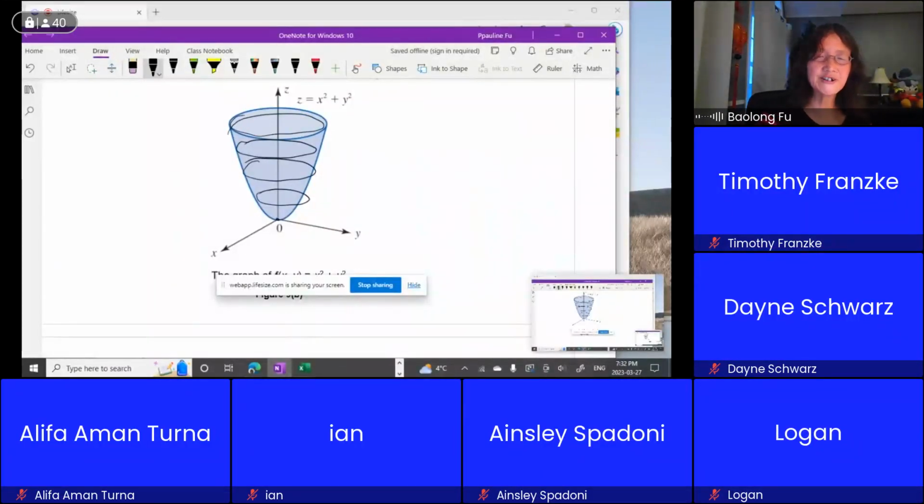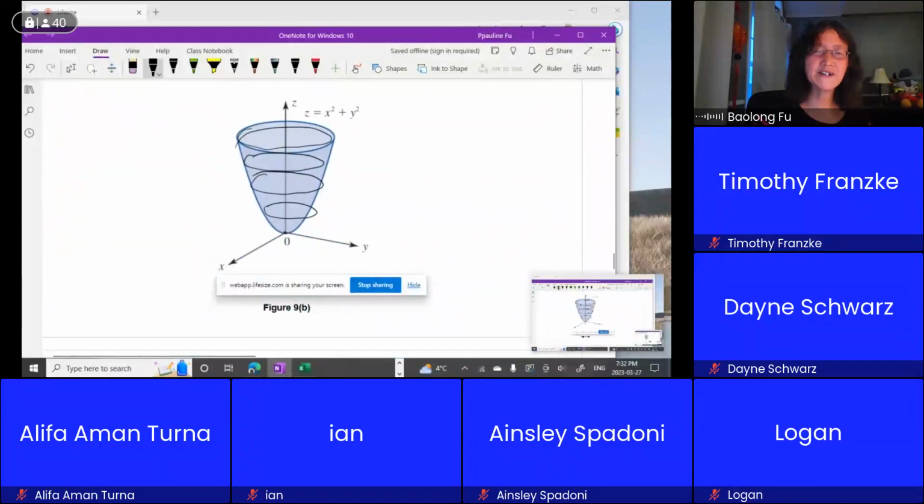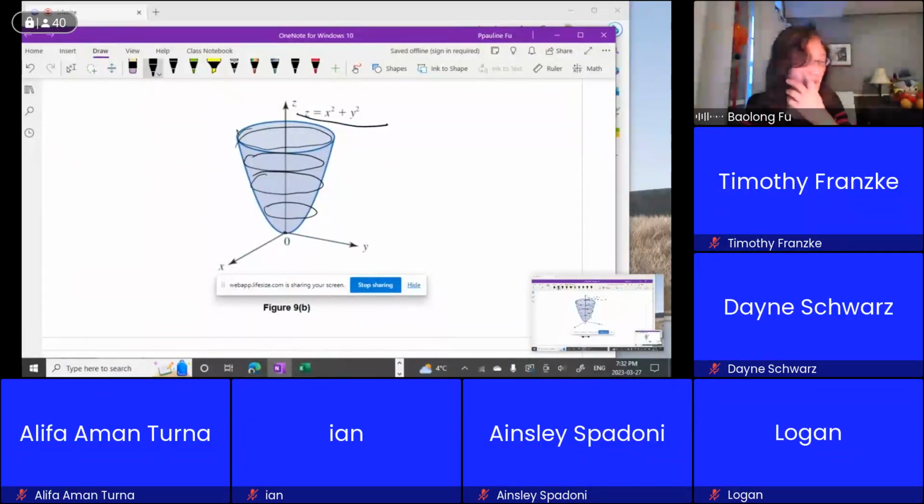If you press this, you get this layout here. If you expand it, this is the sketch of z equals x squared plus y squared. Okay. Questions?